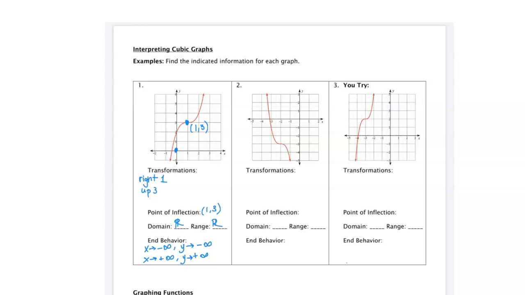Okay, for the next one, remember that the original point of inflection will be at 0, 0, but this one here is at the point -2, -3.